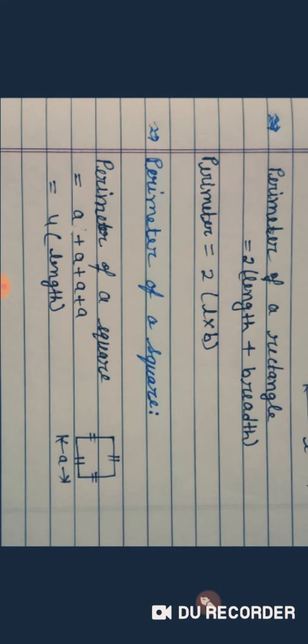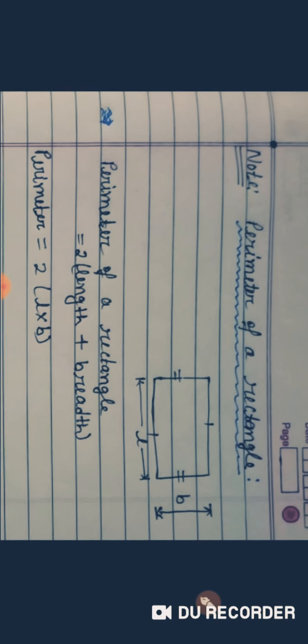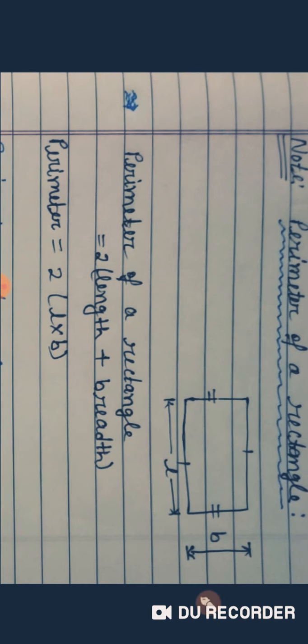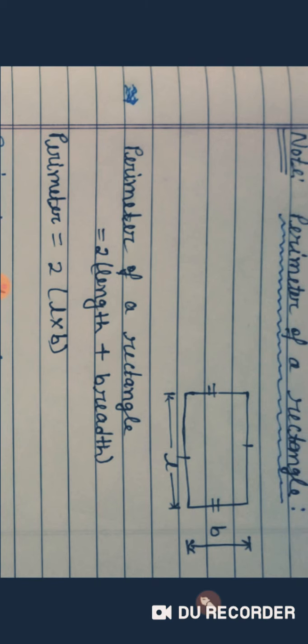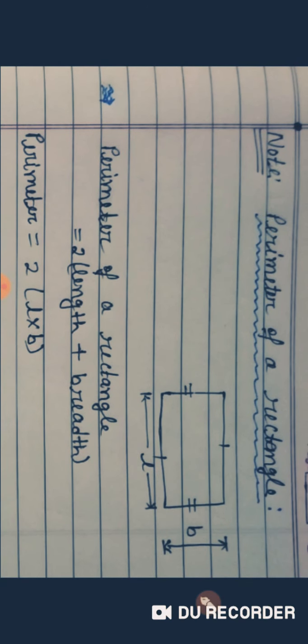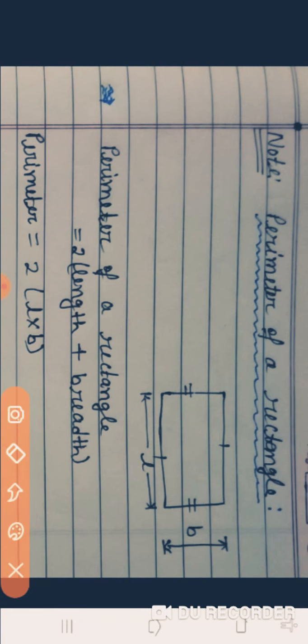Now please see some formulas related to the perimeter for the rectangle and the square. So this is the perimeter of the rectangle. Dear students, for the rectangle, two edge lengths are equal. Opposite side edge lengths are equal, which means this one and this one are equal.